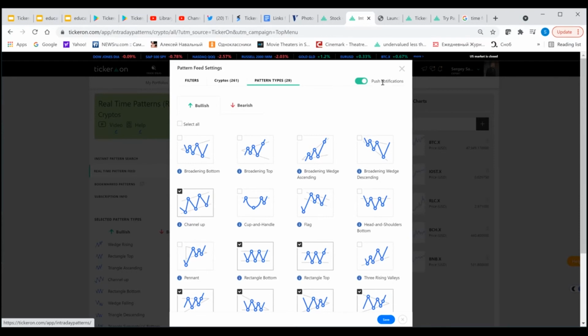And then don't forget, click here on the push notifications, because this is very important. That second backup Wi-Fi is weak, and then I went offline.